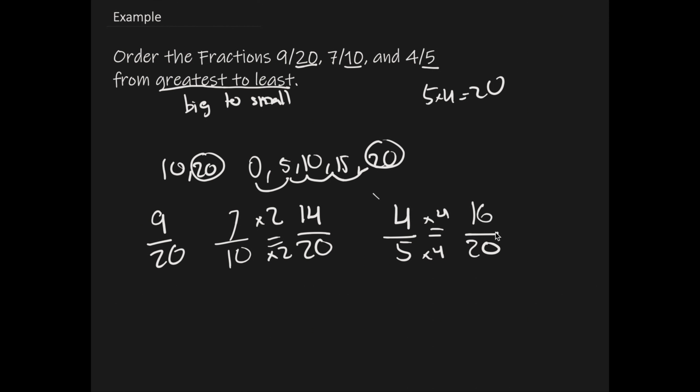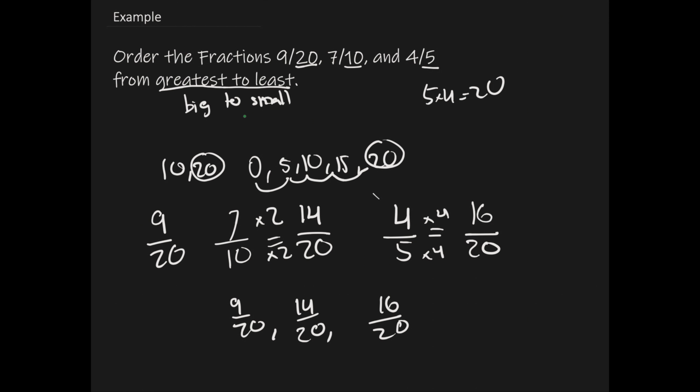16/20. So, it looks like our 3 fractions are 9/20, 14/20, and 16/20. Okay, and now since they all have the same denominator, it's just a matter of ordering them from largest numerator to smallest numerator, because we're going from greatest to least.